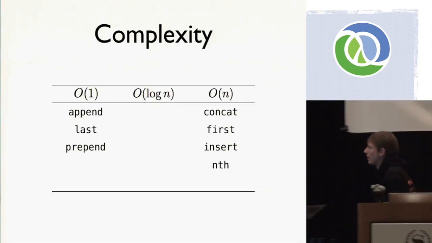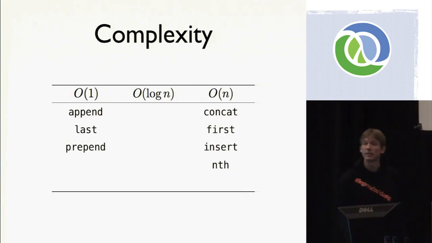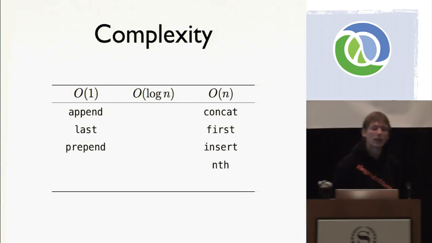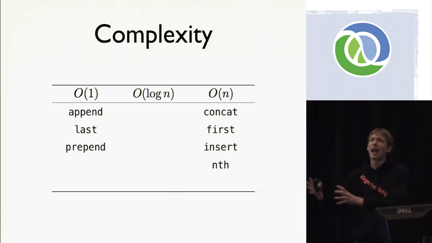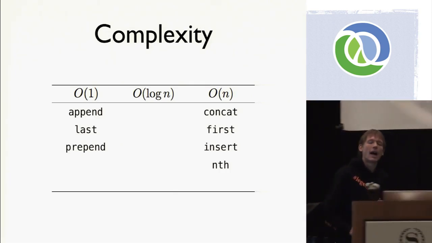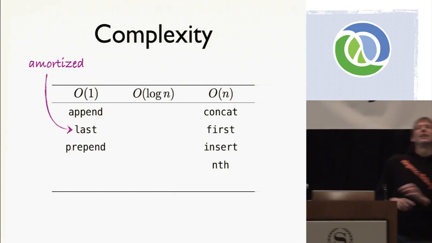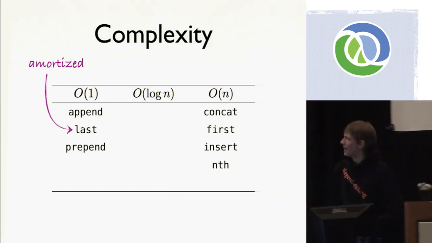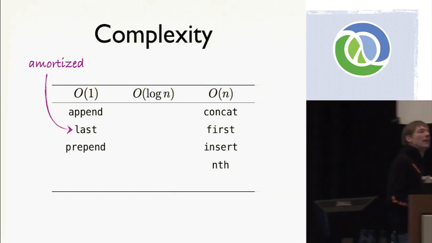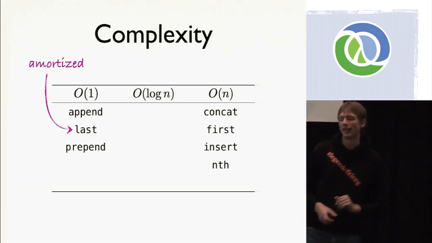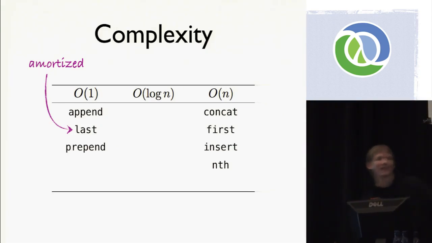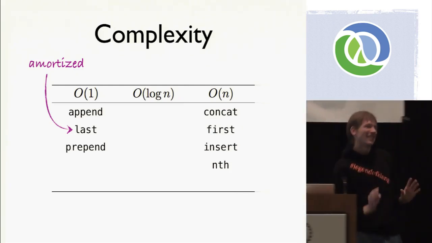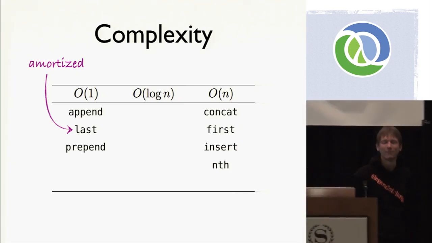And its complexity bounds are very, very similar to the linked list, with the exception of the fact that we have access to the end of the queue in constant time, mostly. We're going to talk about what amortization means, but basically you should think of it as this last operation is not quite as constant time as the other ones. It's a little bit less genuine.